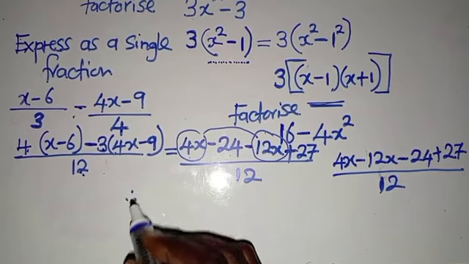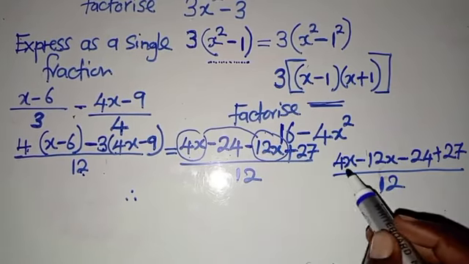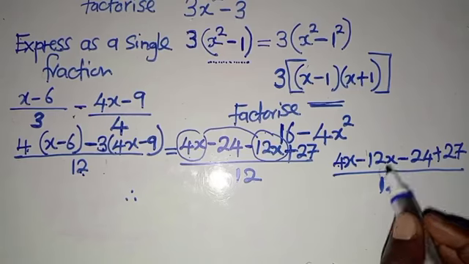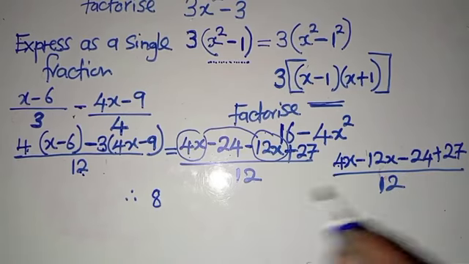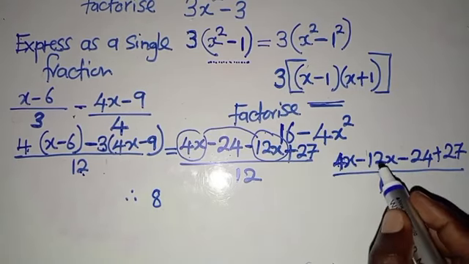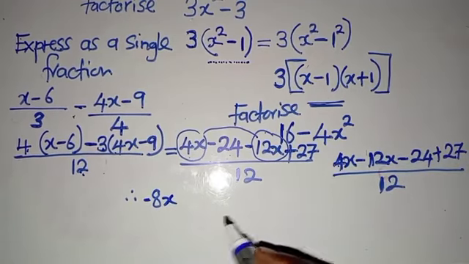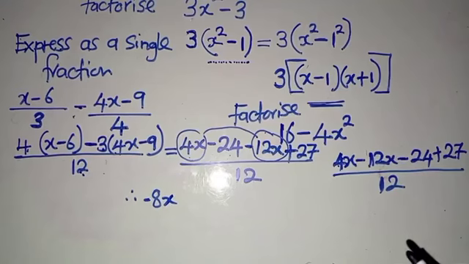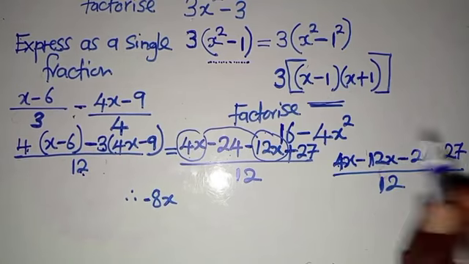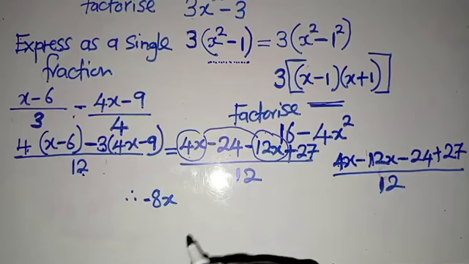So finally, what is the answer? 4 minus 12, that is negative 8, since this number is smaller than 12, so it is negative, then I just say x. It's more like 10 mangoes minus 2 mangoes. You can't say 8 mangoes squared, no. So you say 8x like that.